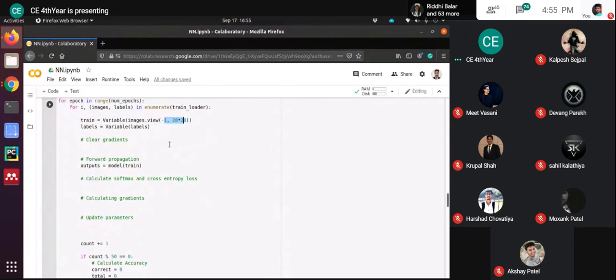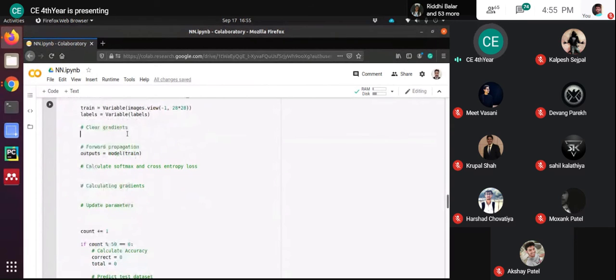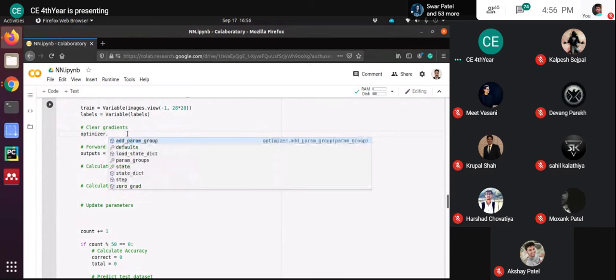Fine. So now you need to refer to the Python file that we created in one of the laboratories, and refer to the steps of this gradient. First, you need to clear that. Can anyone recall the function?